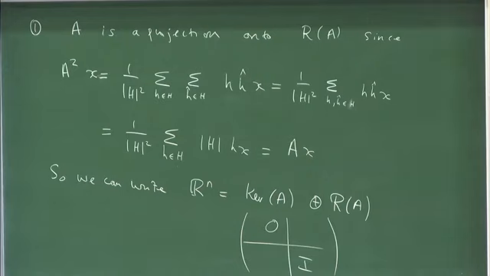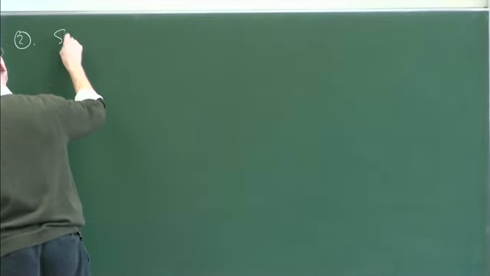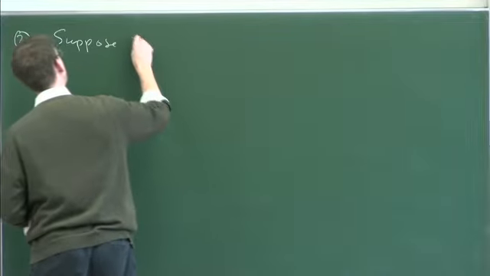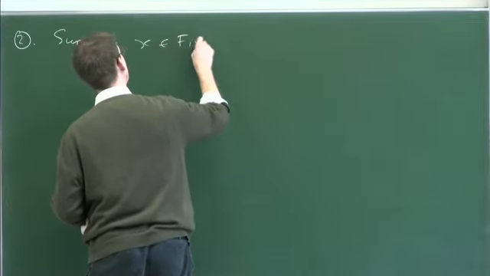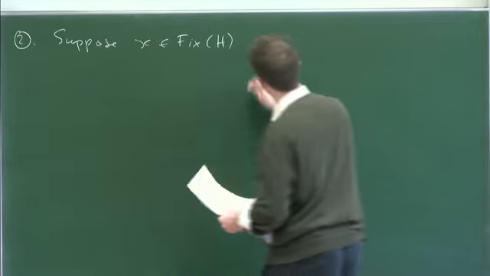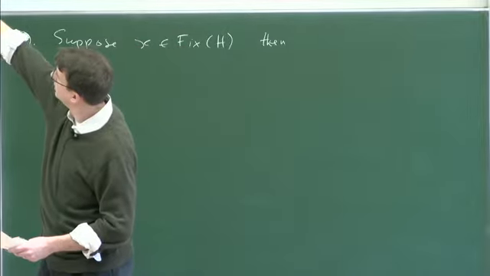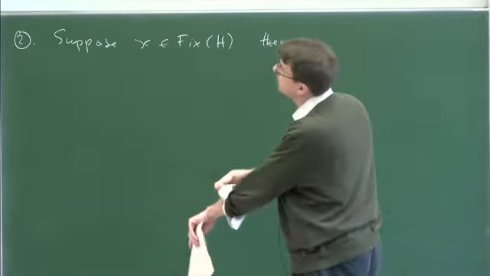So what does this range look like? Suppose x is a point that happens to lie in the fixed point space of H. Then x is fixed under each little h.